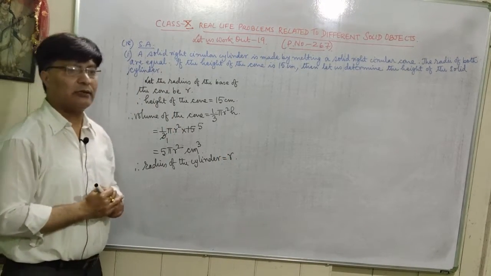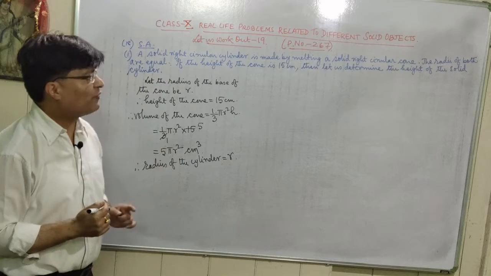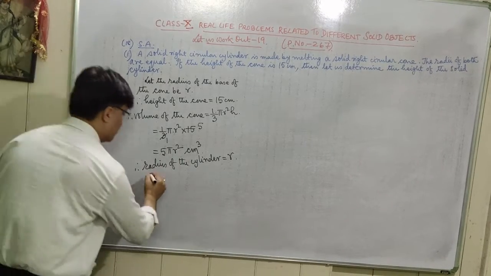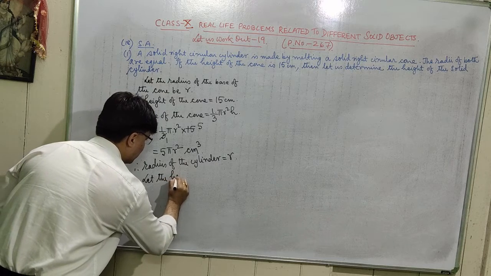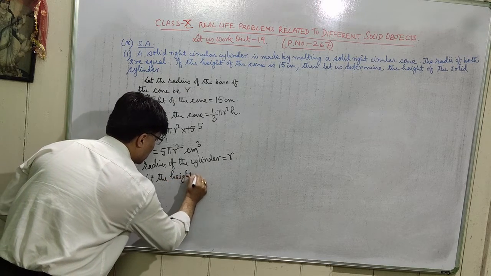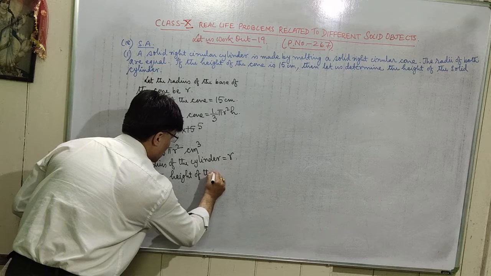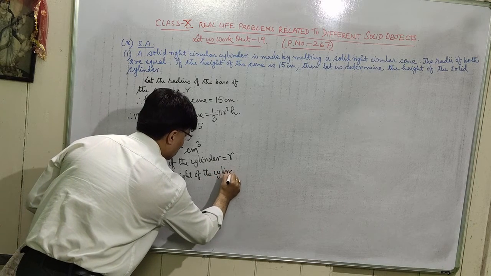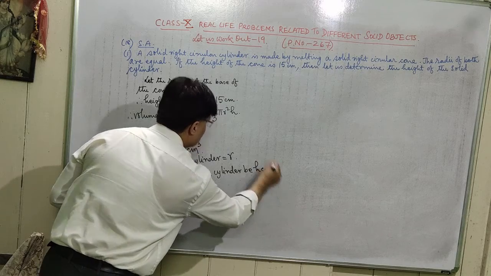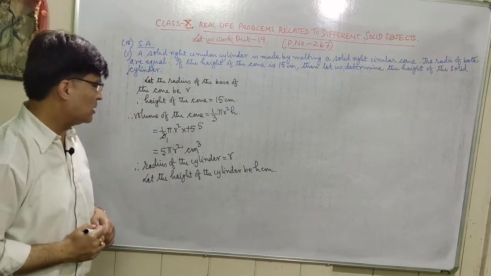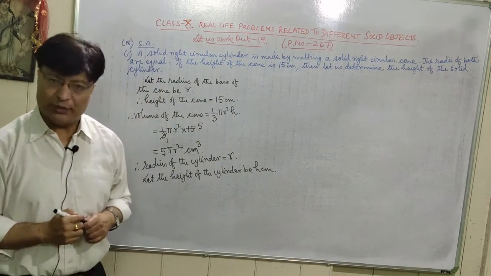Now we have to find out the height of the solid cylinder. Let the height of the cylinder be h centimeter.